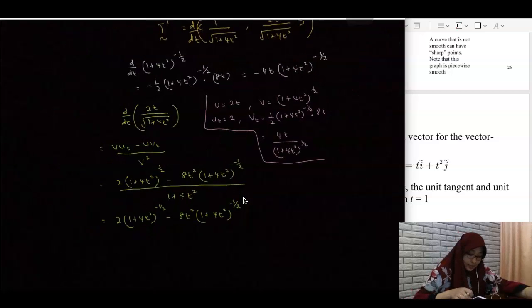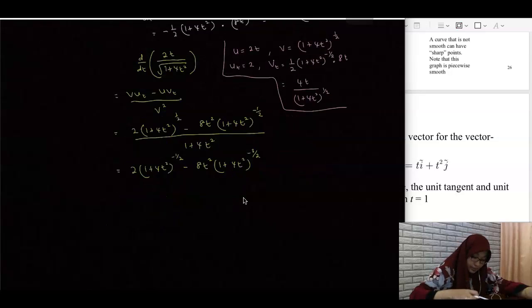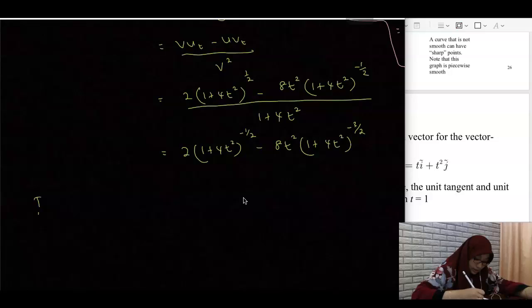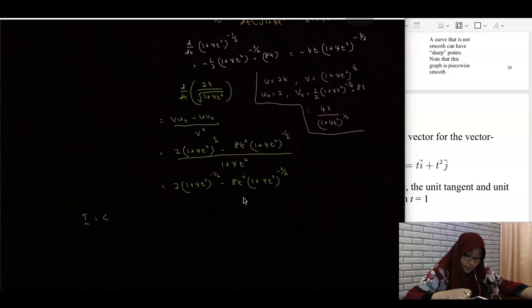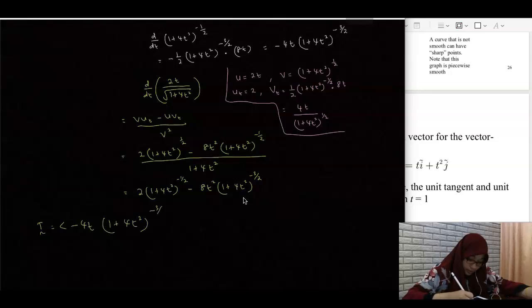So the T prime here is quite long. We substitute the result of the first component, so minus 4t, (1 plus 4t squared) to the power of negative 3 over 2.